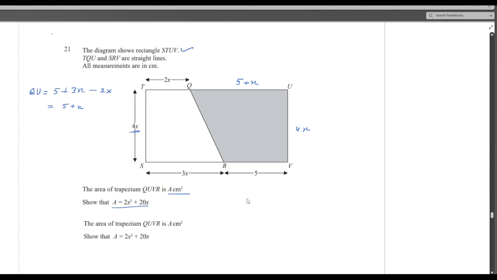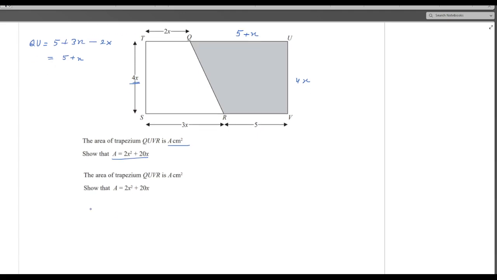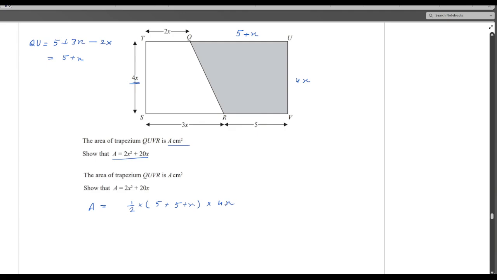Now for trapezium, area is 1 by 2 into sum of parallel sides. So parallel side is what? 5 plus x times height between the two parallel sides, which is 4x. So this 2 and 4 will cancel. I will get 2. Now 5 plus 5 is 10.